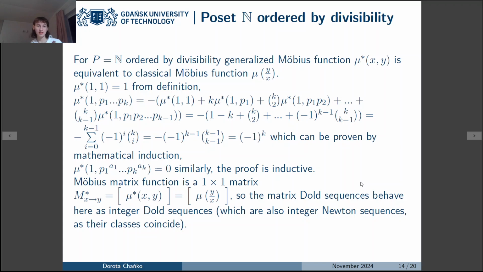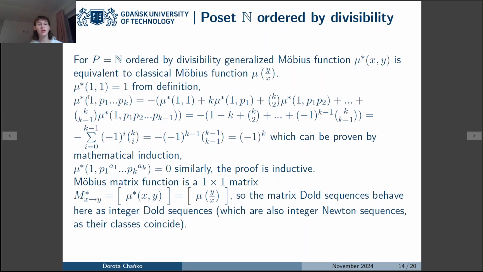So an example. Let's take the poset of natural numbers ordered by divisibility. For such a poset, our generalized Mobius function mu star of x, y is equivalent to our classical Mobius function mu of y over x. So mu star of 1, 1 is one from definition.